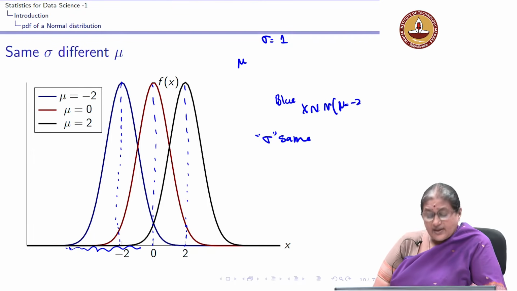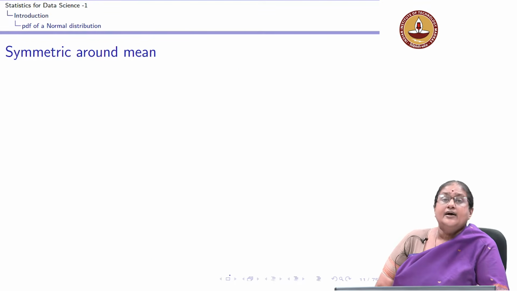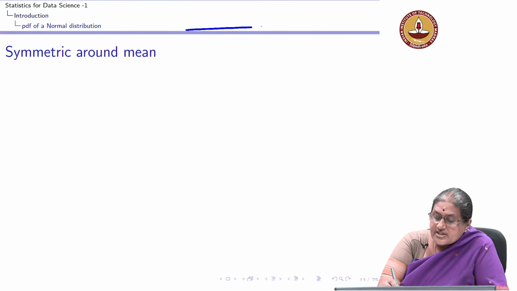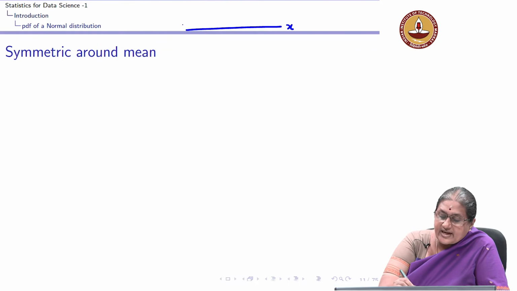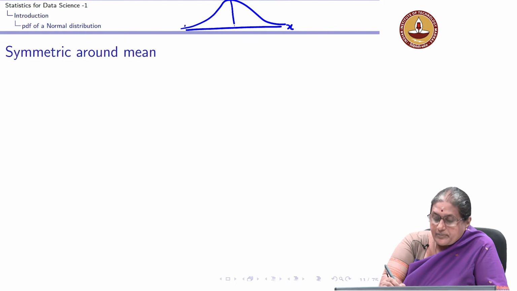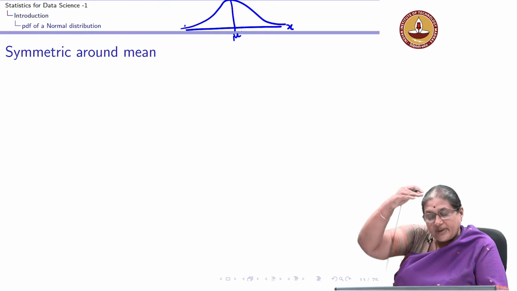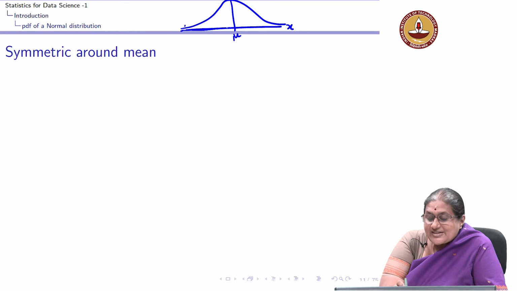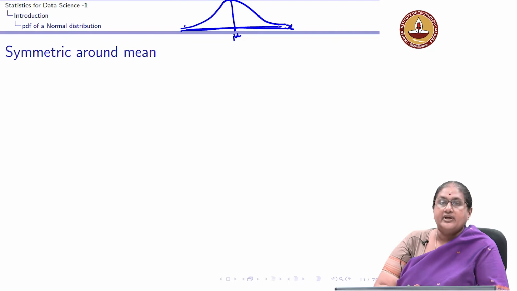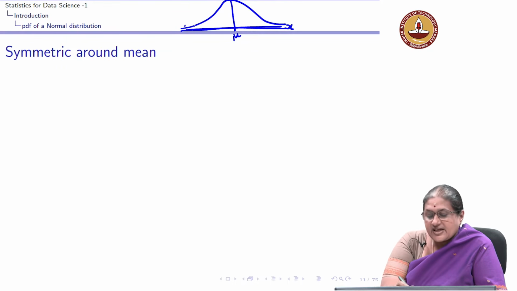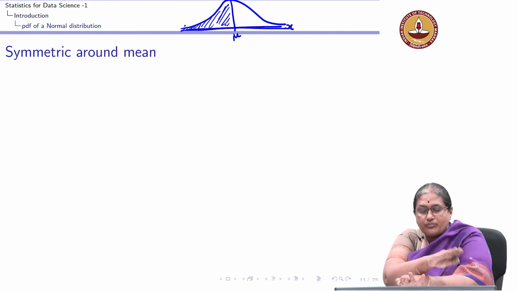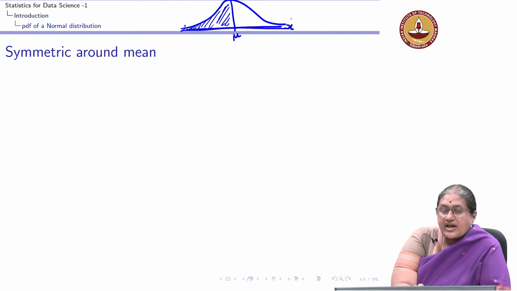Another property of the normal distribution: when I am plotting x and f of x, we also saw that this is my mean, and the curve peaks at the mean. I also see it is symmetric about the mean. In other words, this shaded curve, if you flip it around mu, will overlap on the other side.